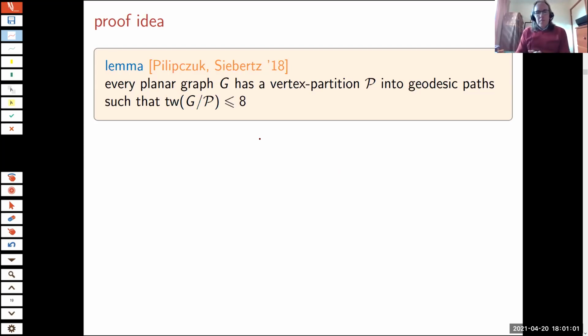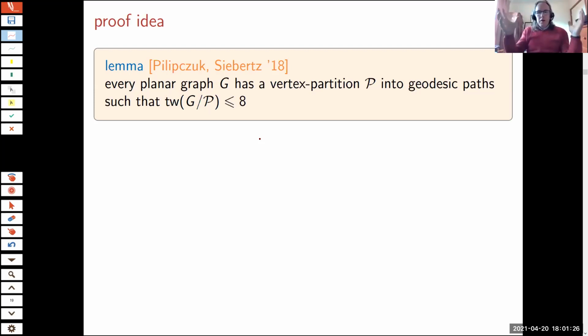Anyway, the starting point for this theorem is a beautiful theorem of Pilipczuk and Siebertz, which just predates ours by a year or so. They proved that every planar graph has a partition of its vertex set, script P, into geodesic paths. What does that mean? Well, a path in a graph is a geodesic if it's the shortest path between its endpoints.